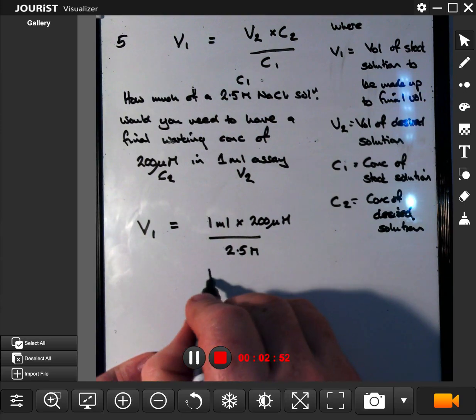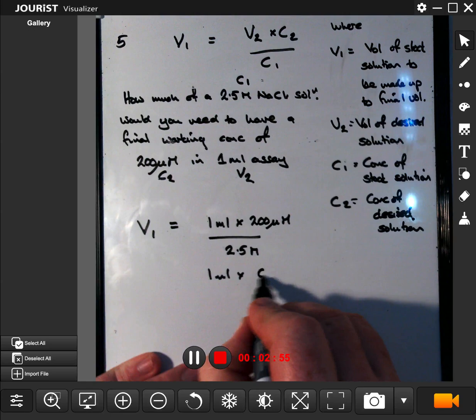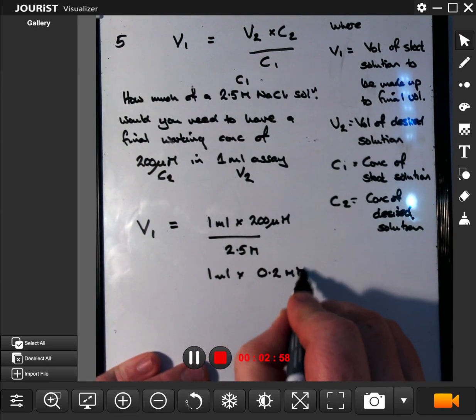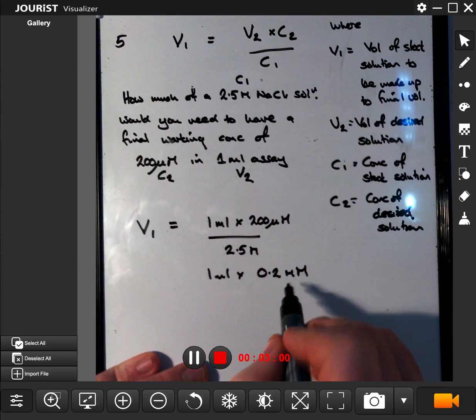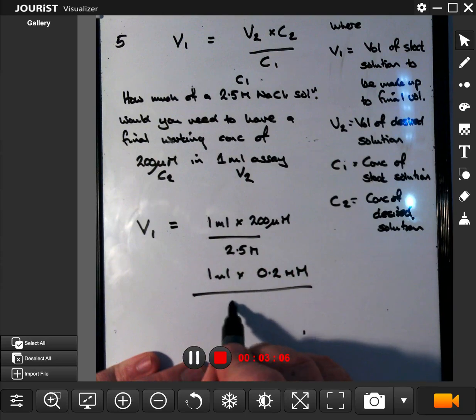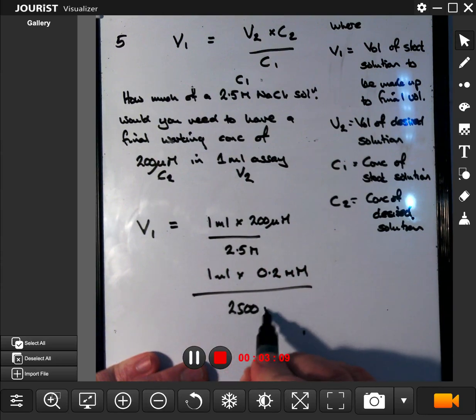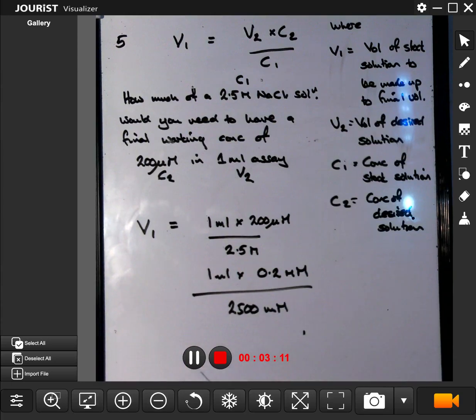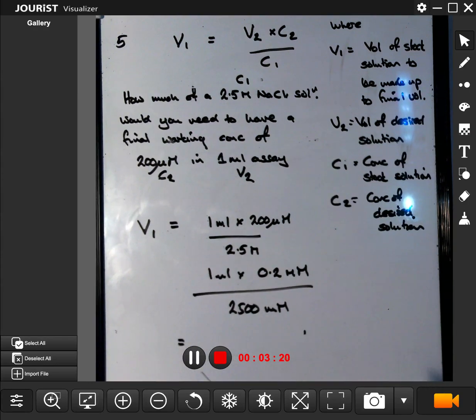So there's 1 milliliter times 0.2 millimoles, since 200 micromoles is 0.2 millimoles, and 2.5 moles is the same as 2,500 millimoles. Now we're all working with the same units, so let's do this wee sum: 1 times 0.2 divided by 2,500.